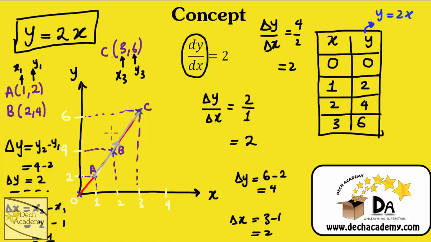The graph of a function tells you how y changes with x, and if you move along the graph, the function is obeyed at every single point. The coordinates of every point you pass through satisfy this function. So as you can see, by going from A to B and from A to C, dy dx is always 2.